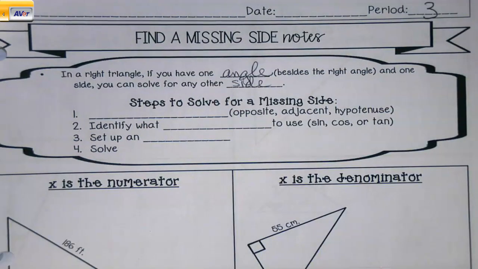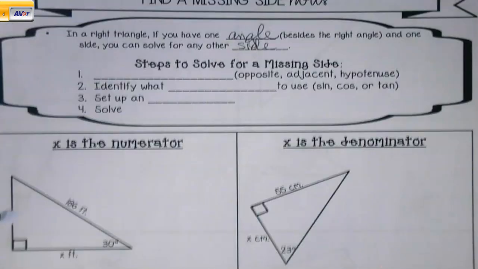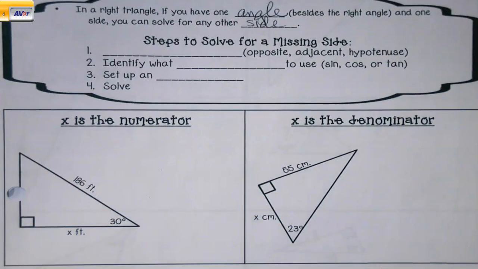If I have opposite, I can find adjacent or the hypotenuse, and vice versa. So what we're going to do here is we're going to do the first example while we're filling in the steps so we can kind of see how this works. So here, steps to solve for the missing side. Number 1.